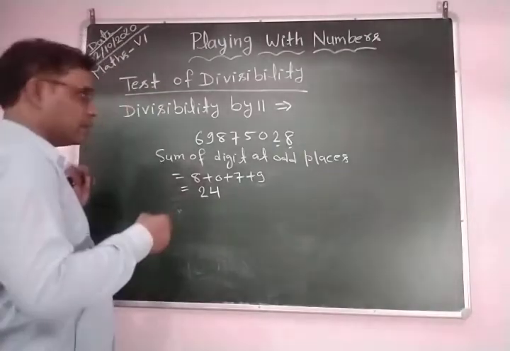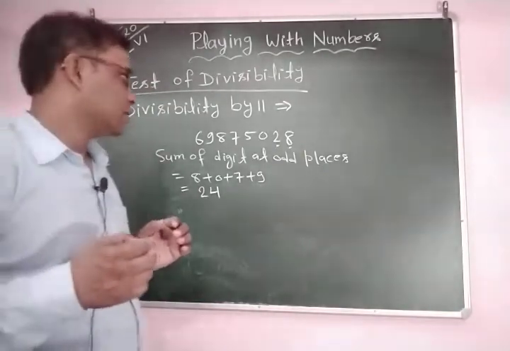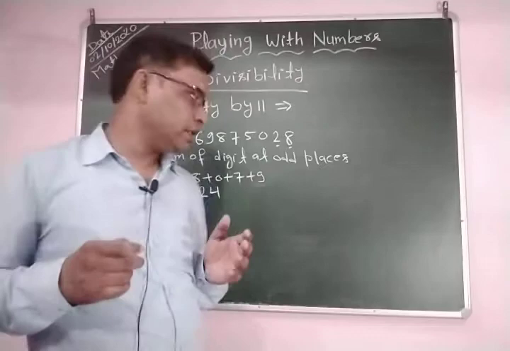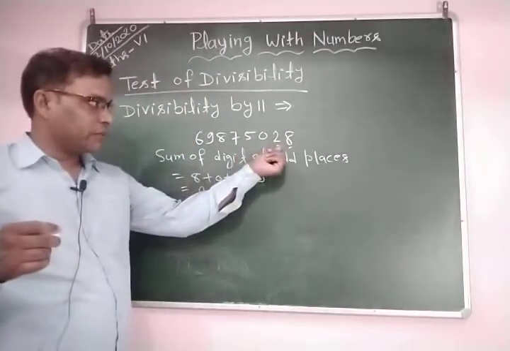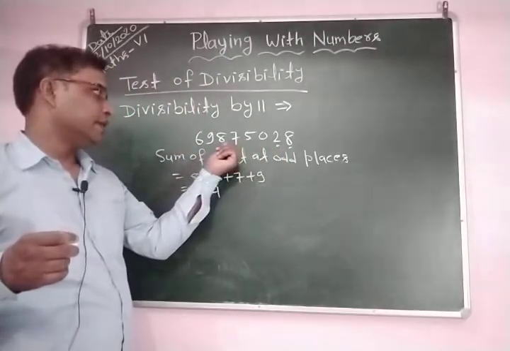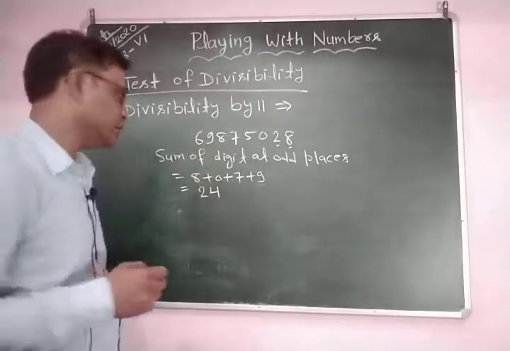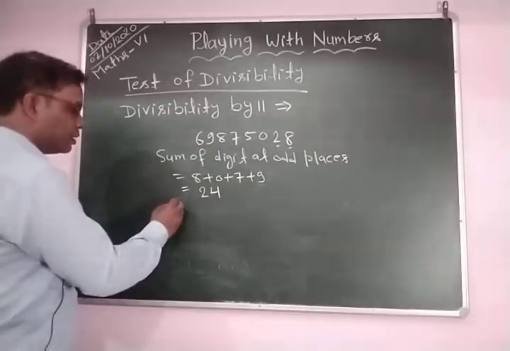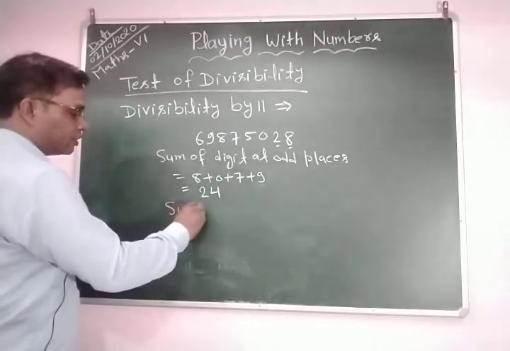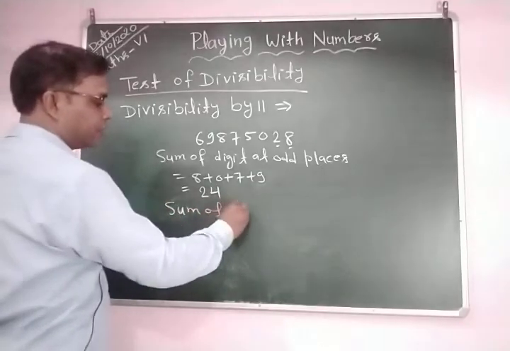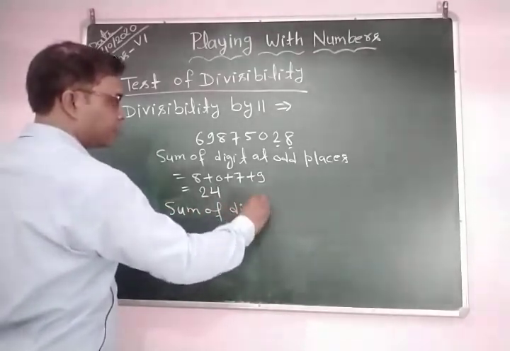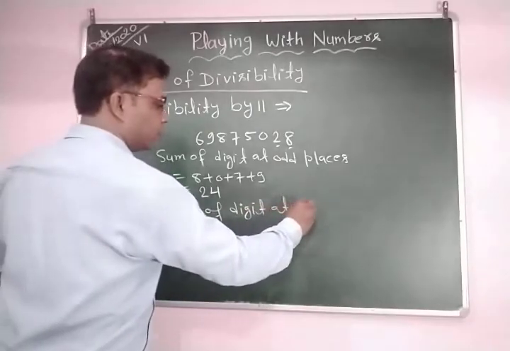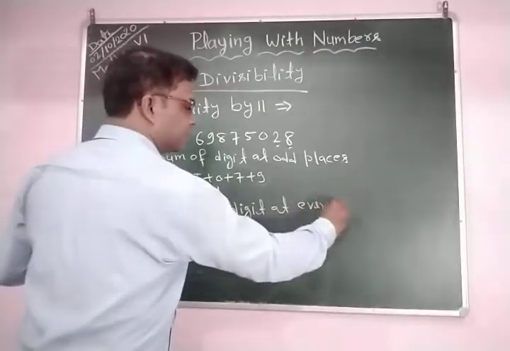Now we are going to find the sum of digits at even places. Even places start from here: 2, 5, 8, 6. These are the even place digits. So we write here the sum of digits at even places.